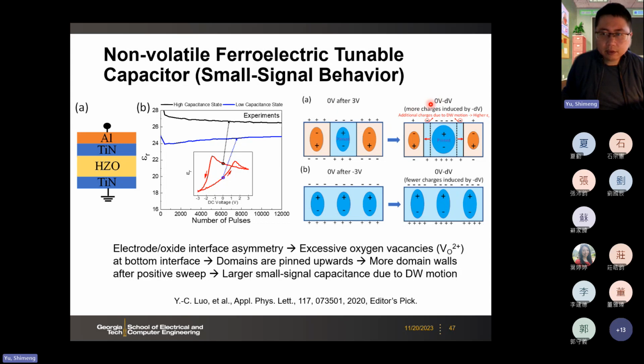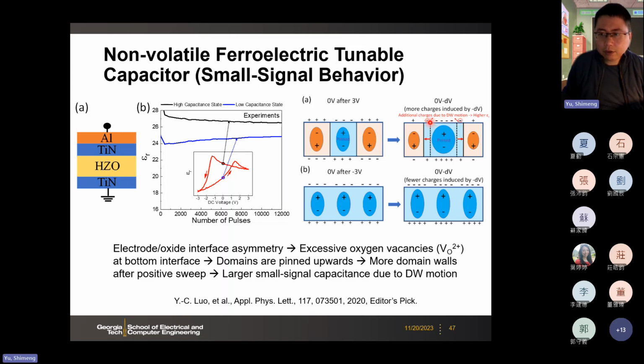So with a small signal at 0 DC voltage, what you do is add more charges to the plate. Then due to the domain wall motion, you are going to expand this domain and suppress this domain when you have a negative delta V on the top electrode. Then you get additional charge due to the domain wall motion.